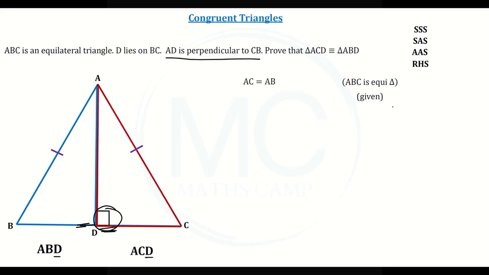Now we can make our statements, but make sure that you are specific when referring to an angle. In triangle ACD, angle D is actually angle ADC. So we can say angle ADC is equal to, in triangle ABD, angle D is actually angle ADB.